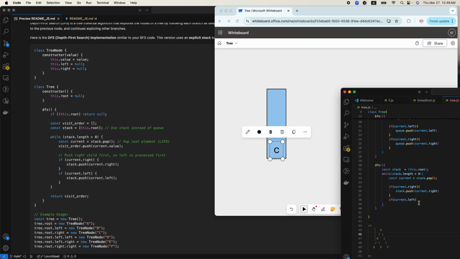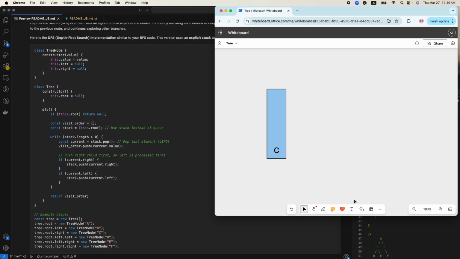And now we also check, does it have a left child? Yes, it has a left child also. So we add this also to the stack: stack.push(current.left). With this operation, we add B also to the stack. Okay, now B is also added to the stack.